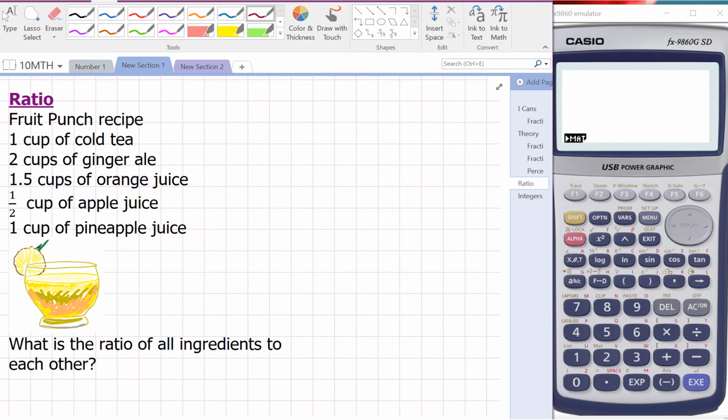Now, if you look at the amounts of each of these ingredients, we can write these amounts as a ratio. So if I were to, first of all, write words to explain the ratio, so tea to ginger ale to orange juice to apple juice to pineapple juice.